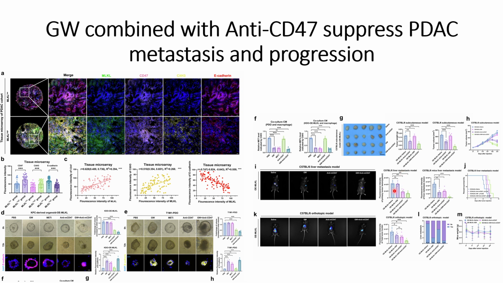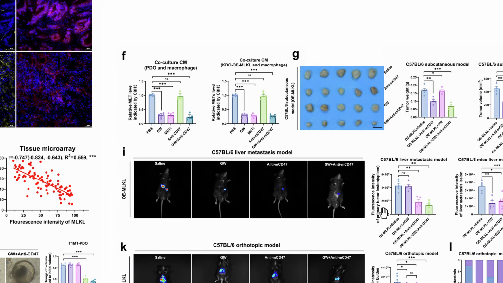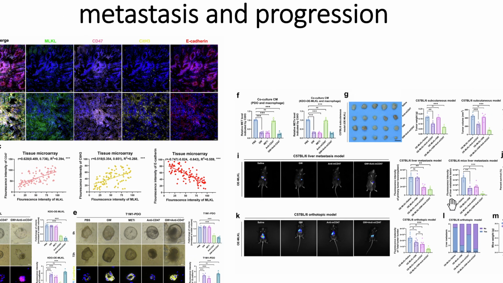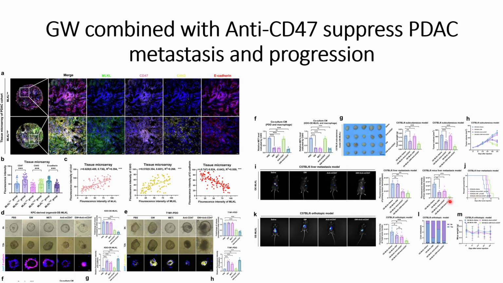This is the fluorescence intensity of the primary tumor lesions, the tumors that are present in the spleen, and also the fluorescence intensity of liver metastasis, or the tumors that are present in the liver. There we can see that it's the lowest. In both the cases, the lowest signals are observed where GW and anti-CD47 are used.